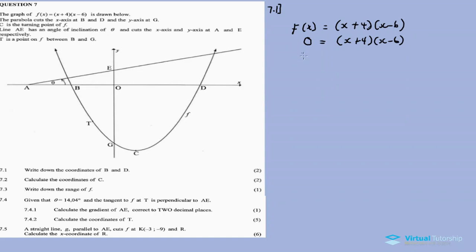So x plus 4 equals 0, or x minus 6 equals 0. Then we solve for x: x equals negative 4, and x equals positive 6. So the coordinates for B are (minus 4; 0). The coordinates for D are (6; 0). Voila. Free marks.